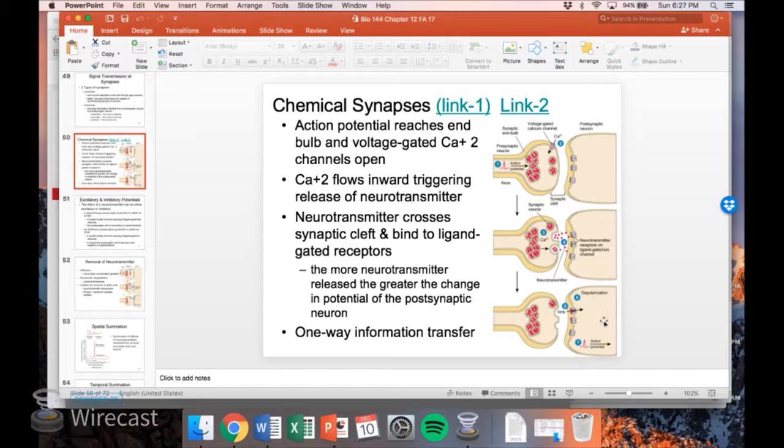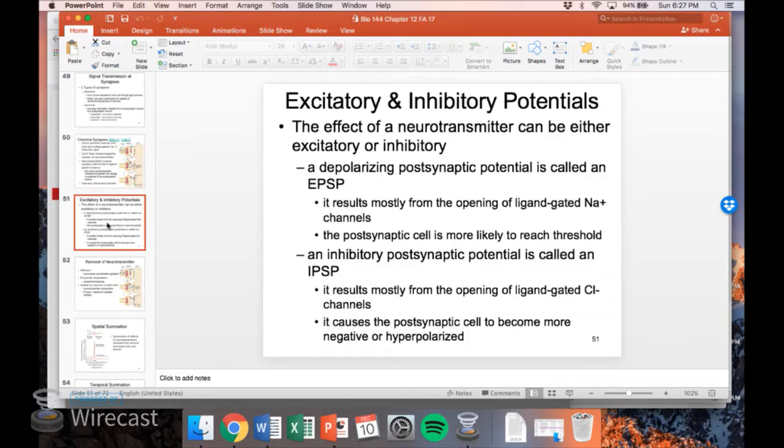So this depolarization is actually going to take us to our threshold of negative 55 millivolts. It could depolarize the cell. It could hyperpolarize the cell. And in that case, we're going to have either our EPSP or IPSP. That's where we get into these two, where if we have a depolarizing postsynaptic potential, we call that an EPSP because it's going to excite the neuron.